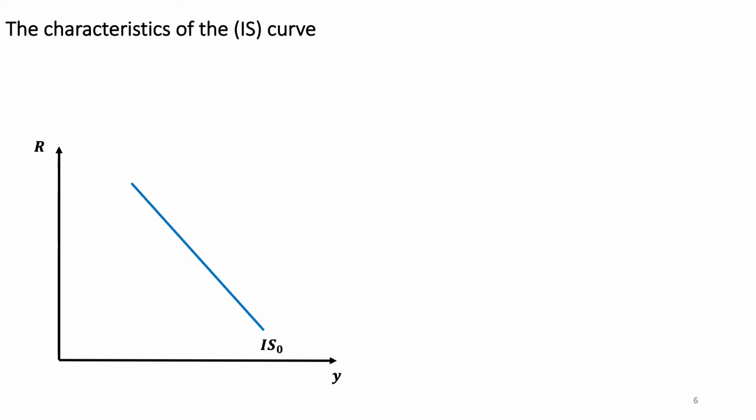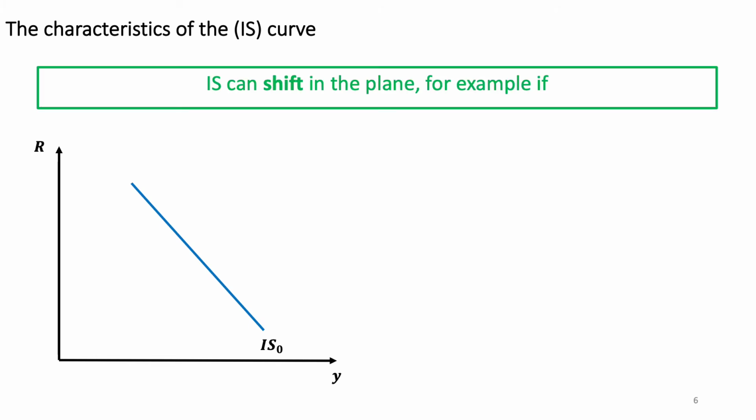It's very important to distinguish the effect of a variation of the coefficient, the curve pivots, and the variation of an exogenous variable that is not expressed in the axis.